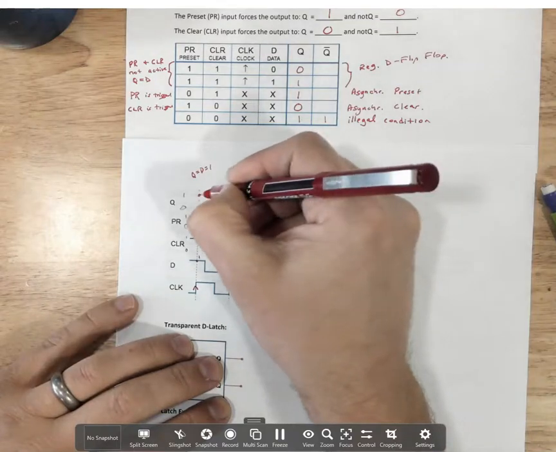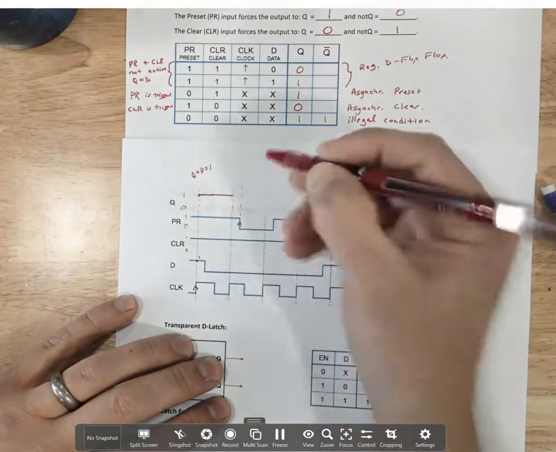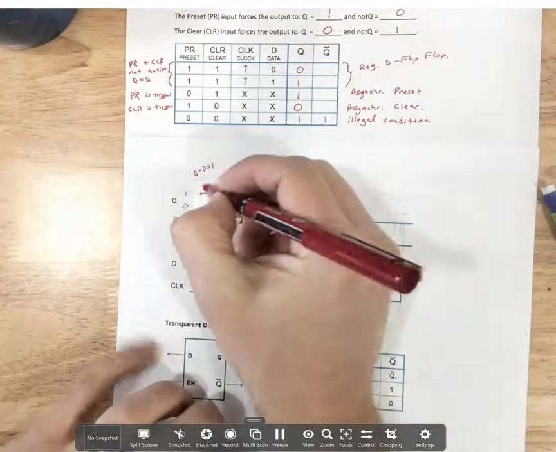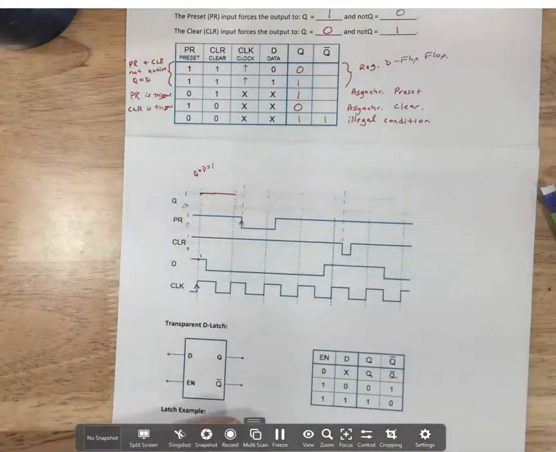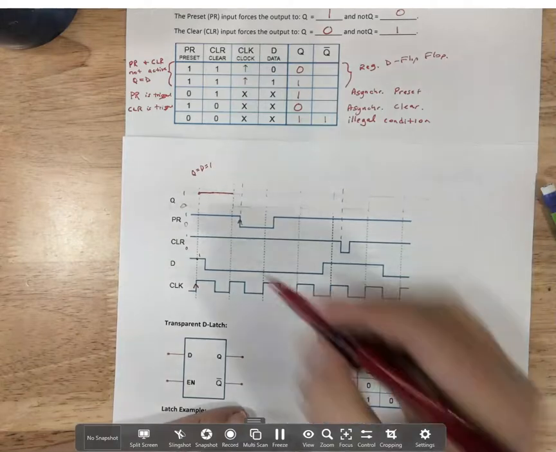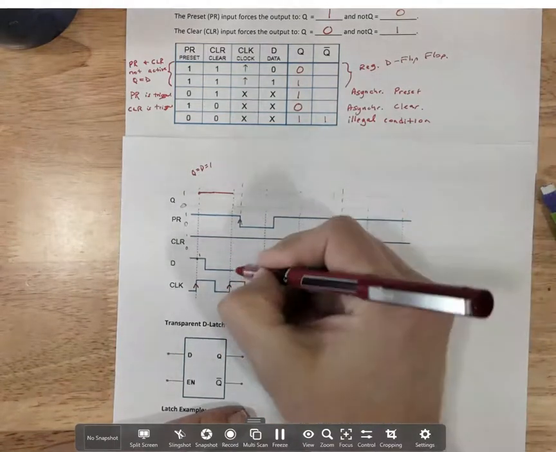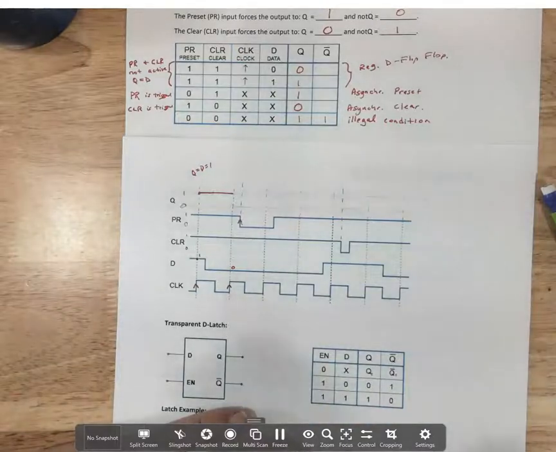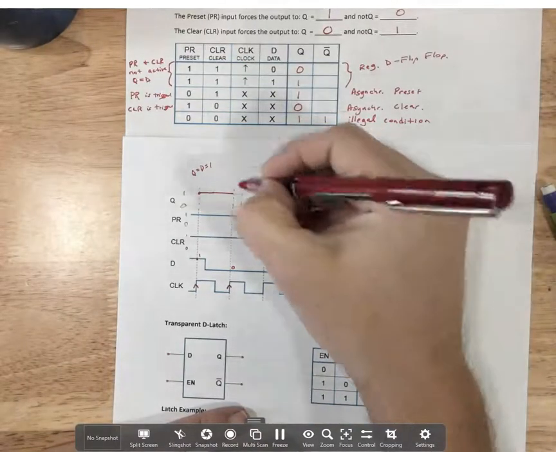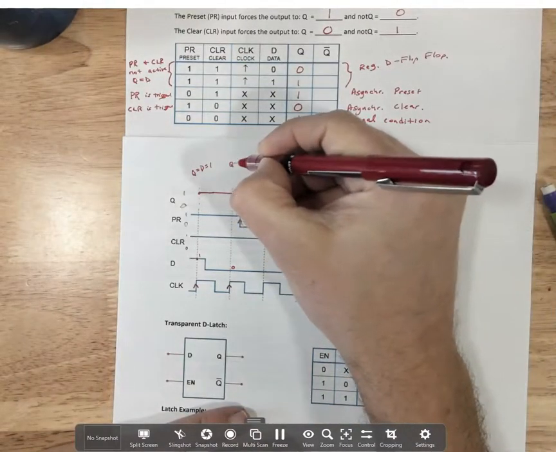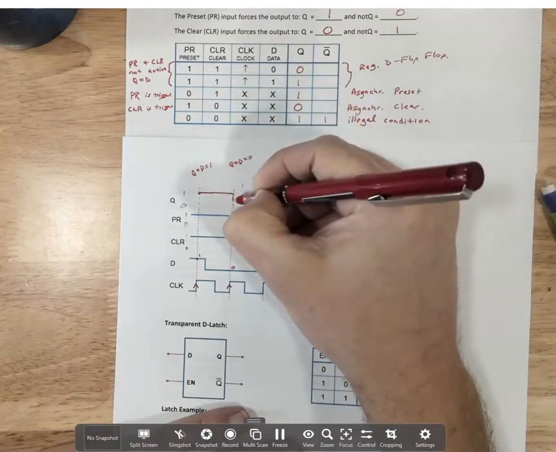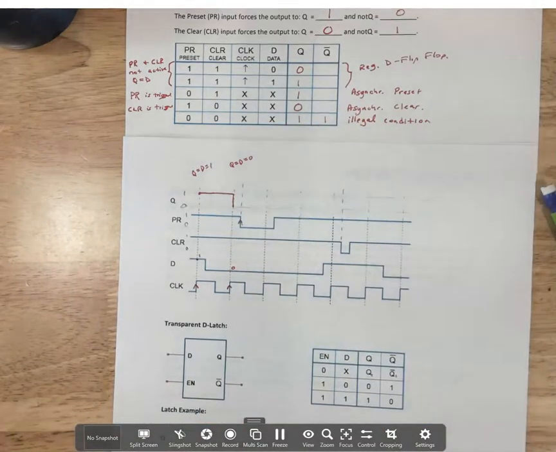So they could override in the middle of that little time interval between rising edges, but they didn't. So Q is good to stay put at 1 for that interval. All right. At the next rising edge, D is now 0. Preset and clear are still not active, and so at that next interval, Q wants to again be equal to D, which is now 0, and so Q drops to 0, goes low.